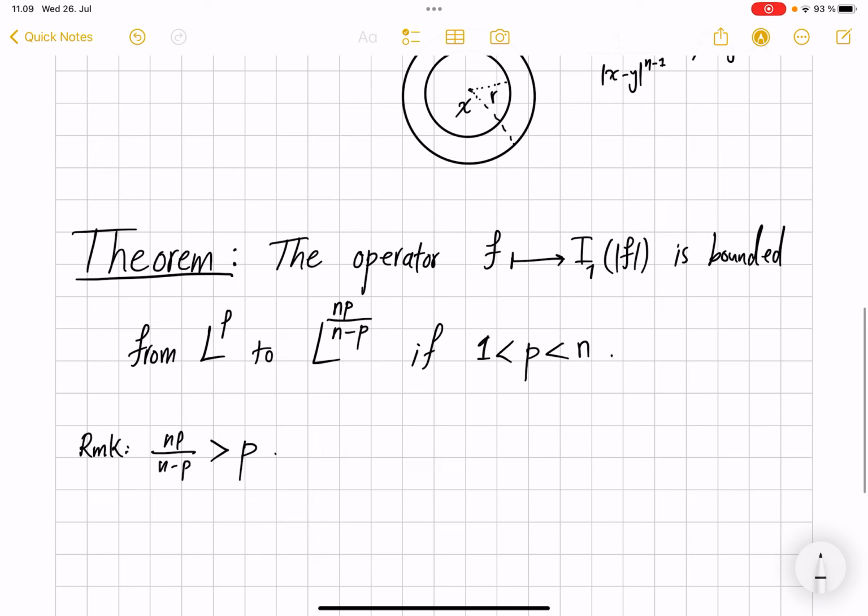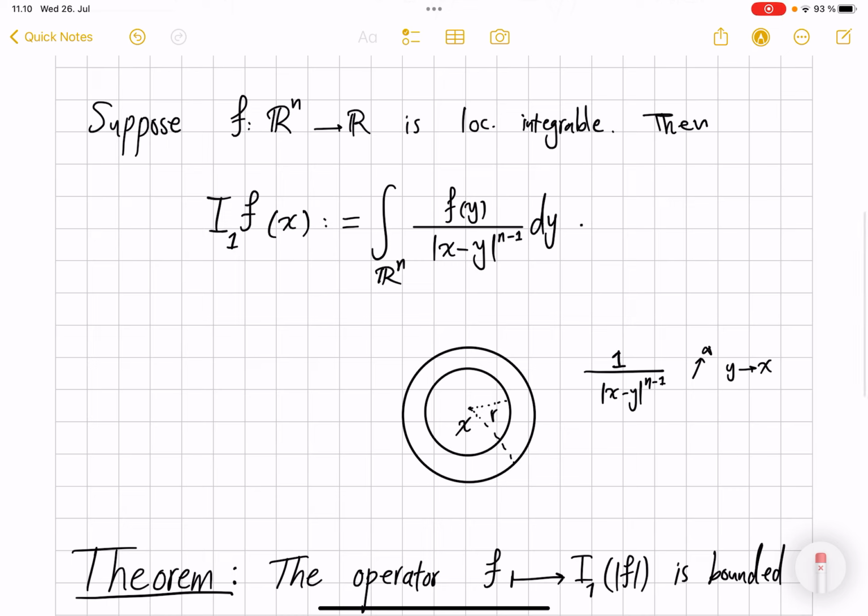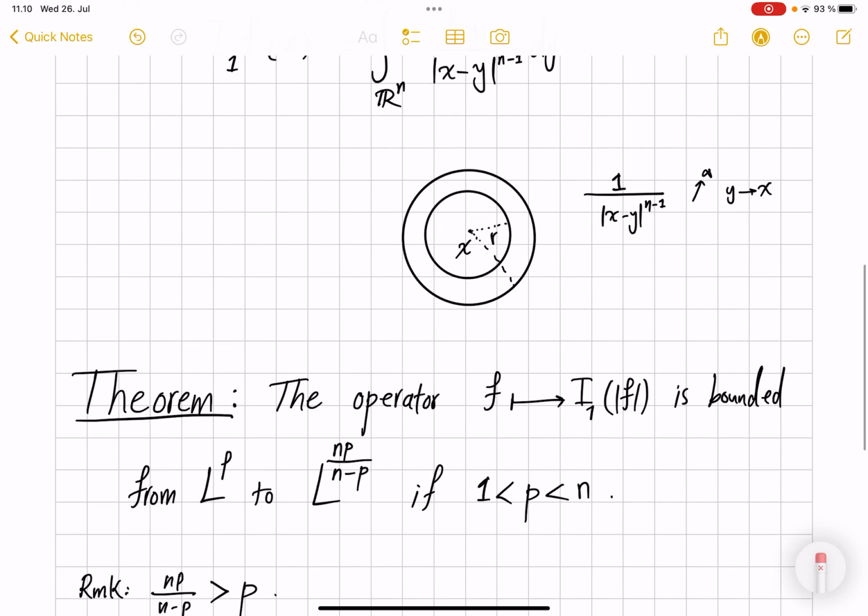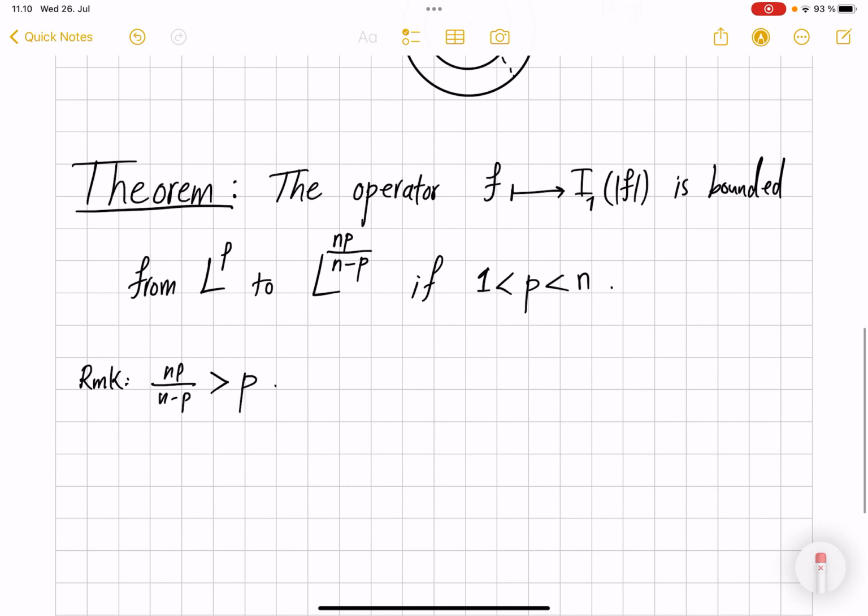The significance of this exponent is that the Riesz potential applied to the gradient, instead of the function f itself, can be used to prove the Sobolev embedding theorem for this range of p.